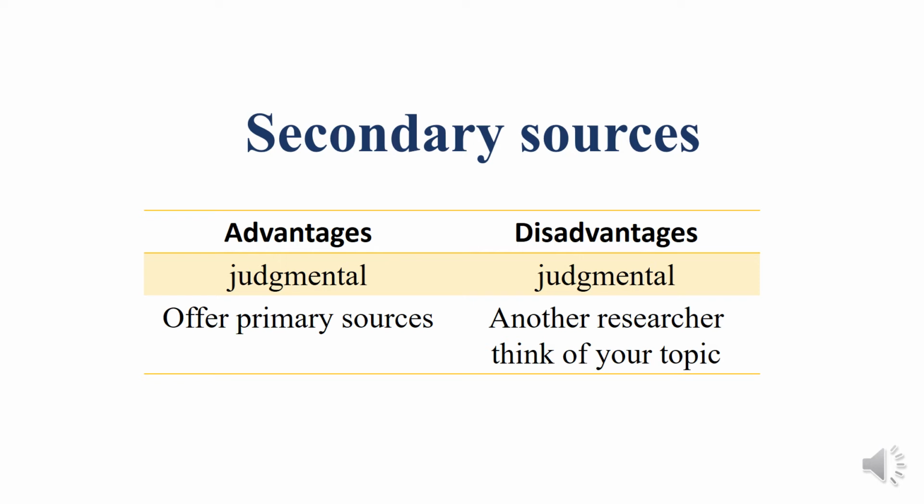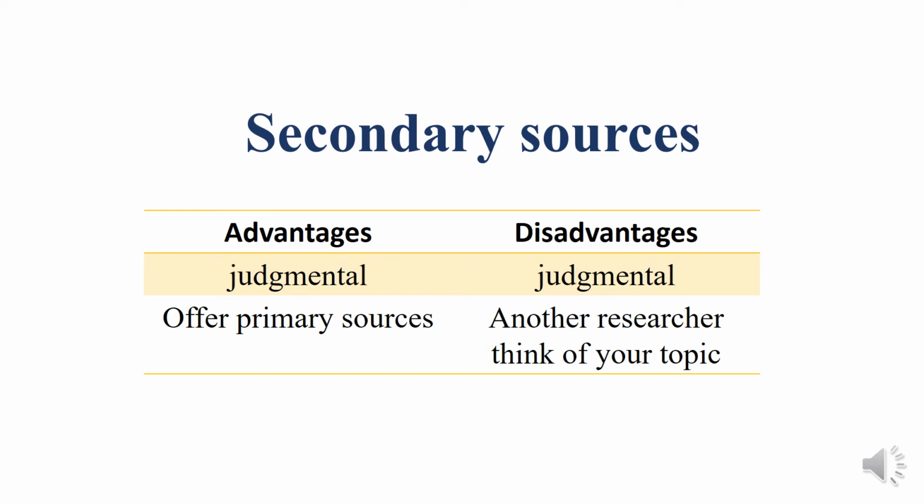If my title was the disadvantages of the grammar translation method, this will be an advantage, okay? But at the same time, it will be a disadvantage in my writing. Why? Because it is biased toward the disadvantages and does not mention the advantages also. So it has two faces, like two coin faces.